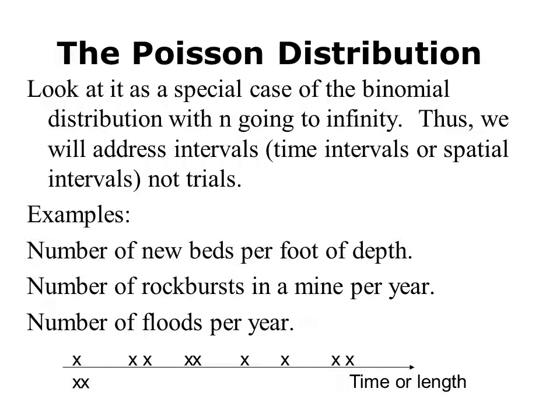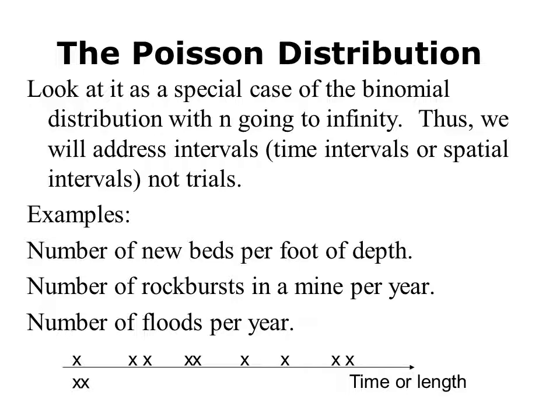The Poisson distribution is the other distribution we're going to consider in this section. It looks at a special case of the binomial distribution when n is going to infinity. In this case, we have a certain number of intervals in either time or space, and we're not talking about trials now.